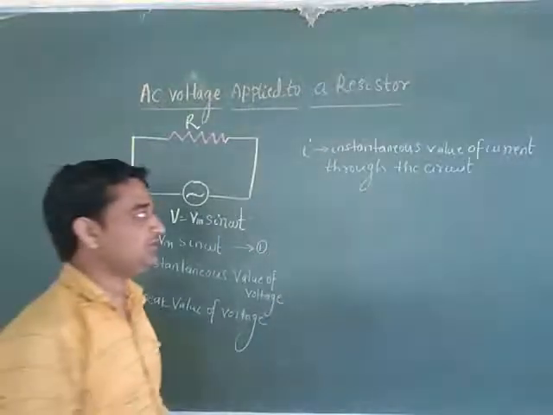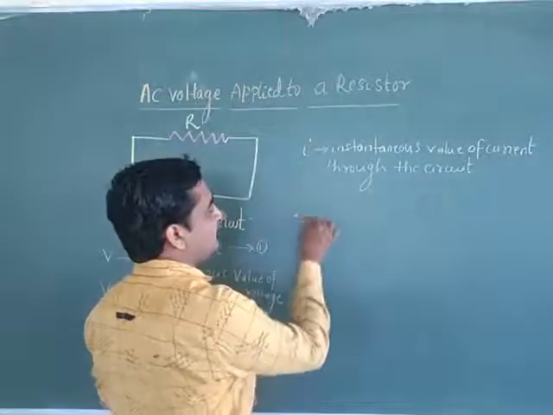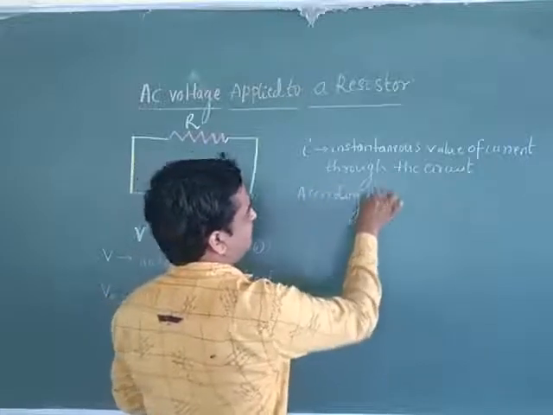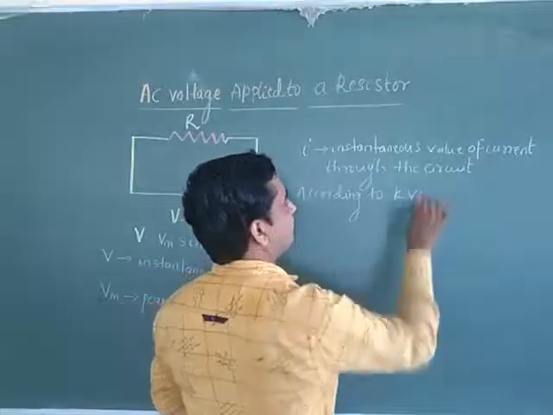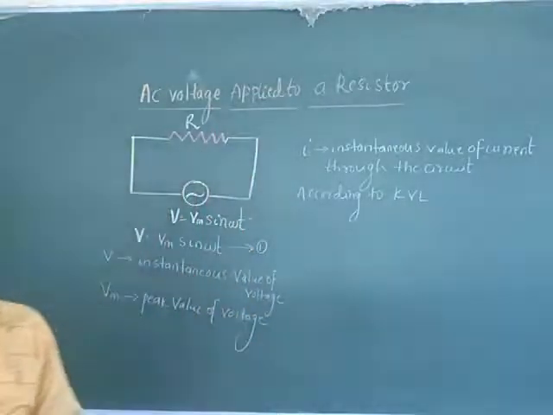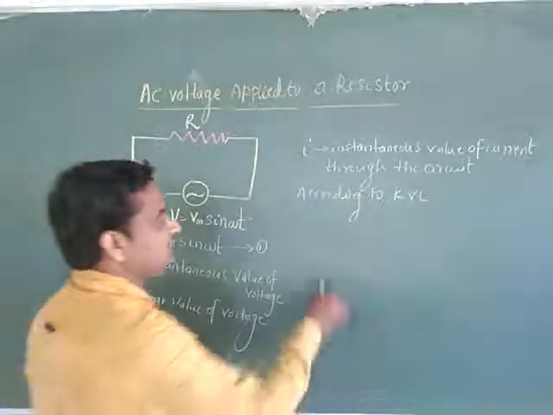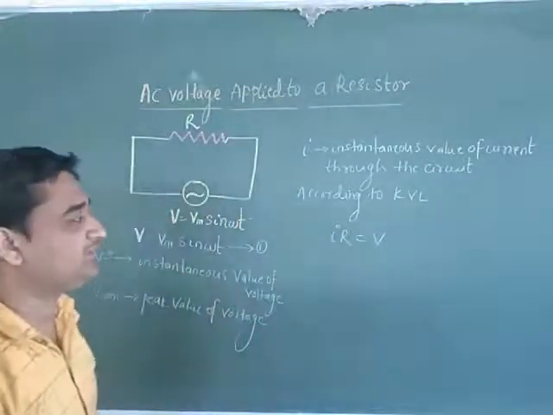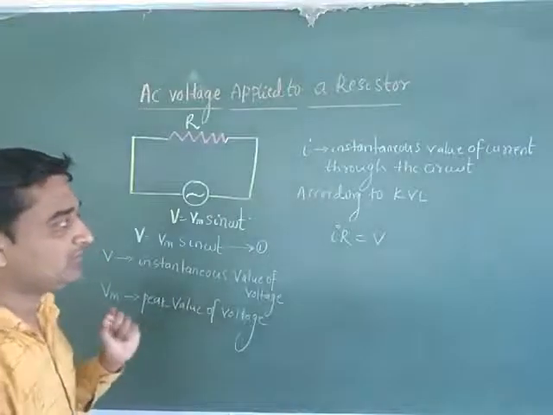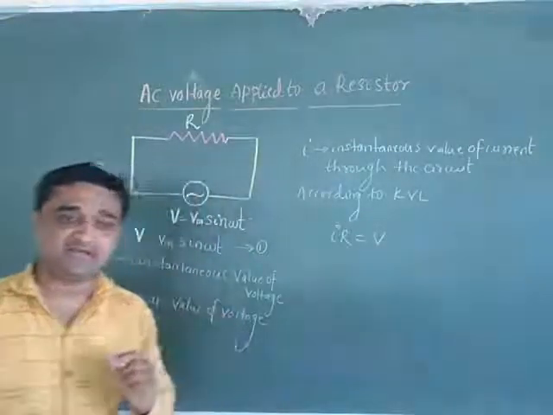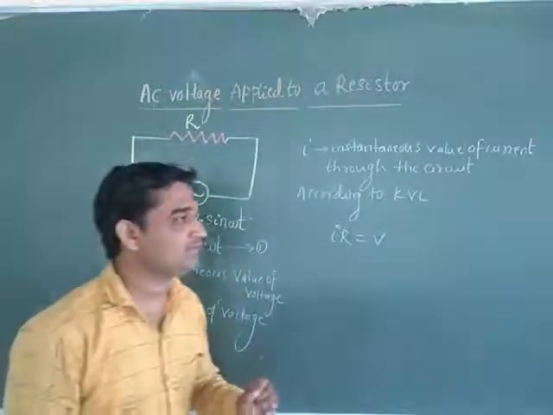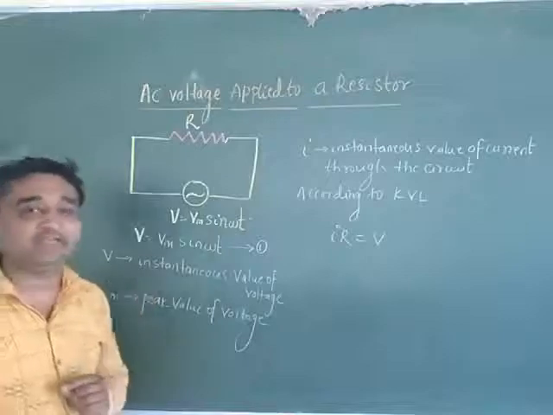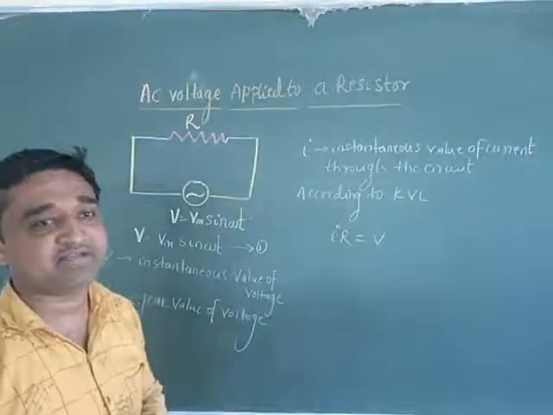or Kirchhoff's voltage law, what we can write here is I into R is equal to V, because Kirchhoff's voltage law states that the algebraic sum of the IR products is equal to the algebraic sum of the EMFs present in the various branches of the circuit.